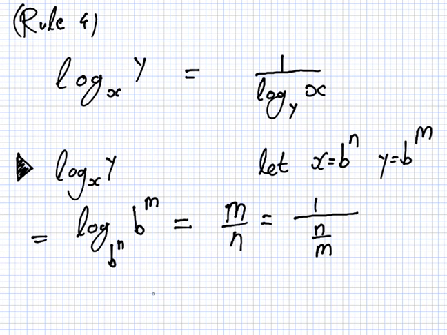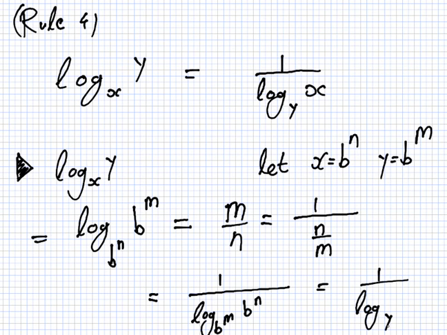It's the same fraction still. But the reason for changing it like that is that n over m, I can now write as log b^m of b^n. It's the opposite now. In other words, I've swapped where m and n are. So this will be 1 over log yx.